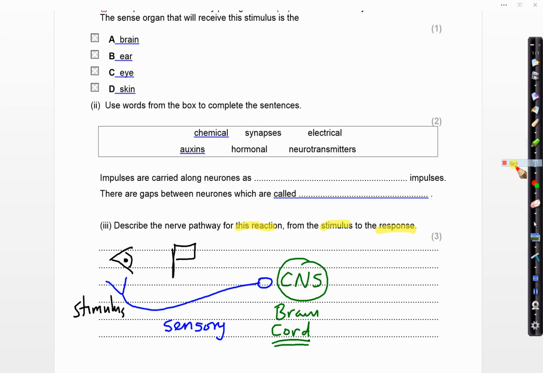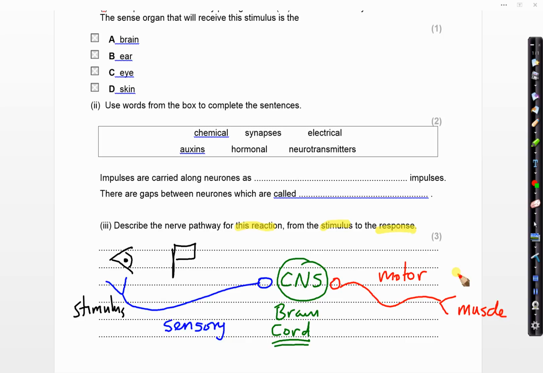So we're going to continue our story. So processing takes place here in the central nervous system, and now there's another nerve involved. This nerve or neuron is a motor neuron. So the motor neuron sends a message to what? Sends a message to the effector, and in this case it's somebody's arm moving, so we know that's a muscle.